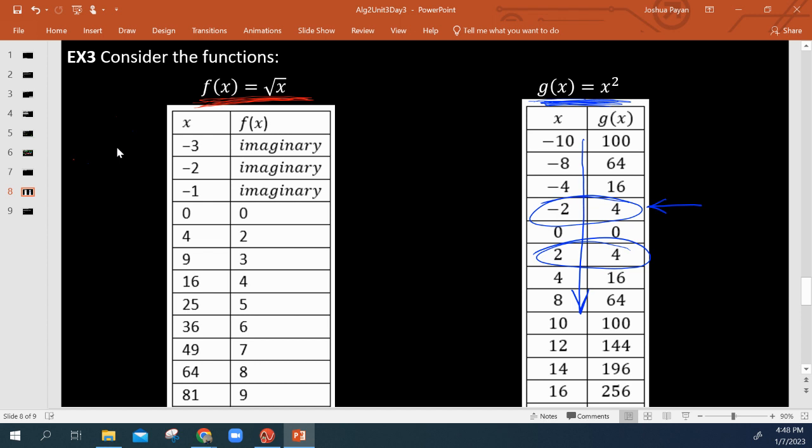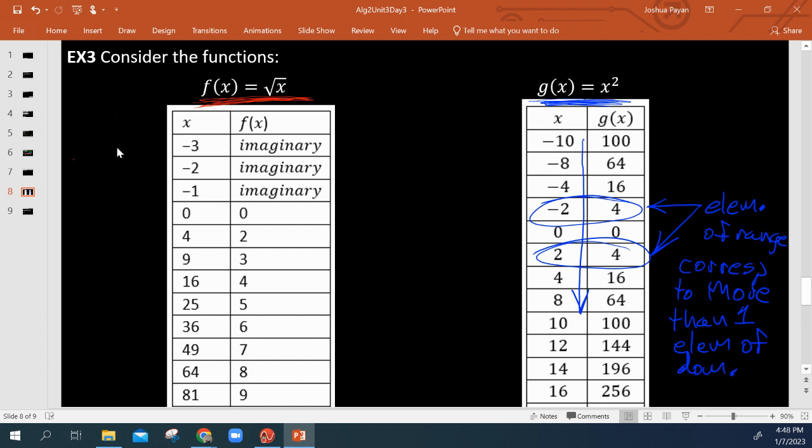We have elements of the range of our y values that correspond to more than one element of the domain.